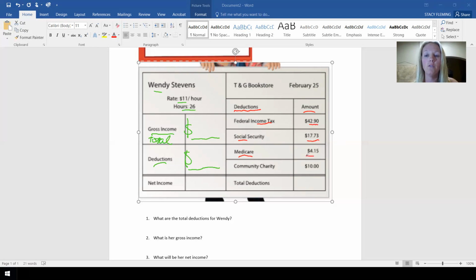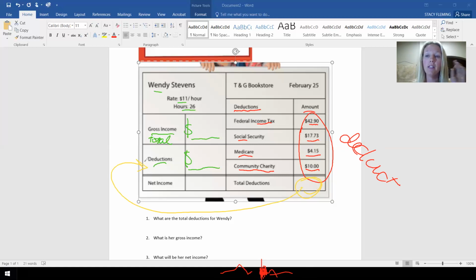Medicare, $4.15. And community charity, a donation of $10. So all of this is going to be deducted, taken away from her total. So you would have to figure out her total deductions, and once you figure out her total deductions, that answer is going to go here.